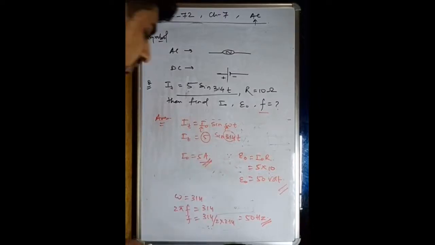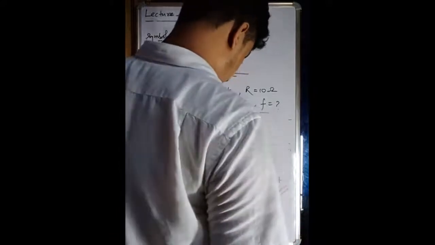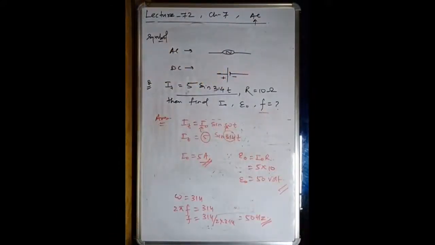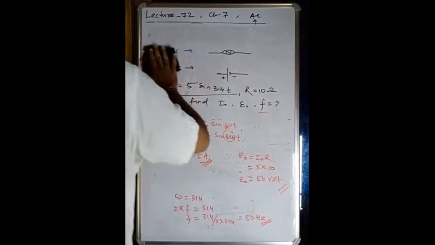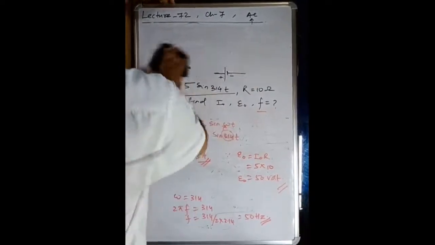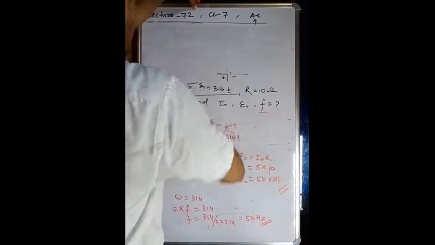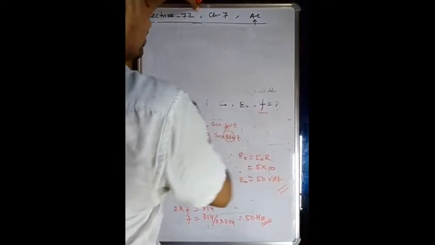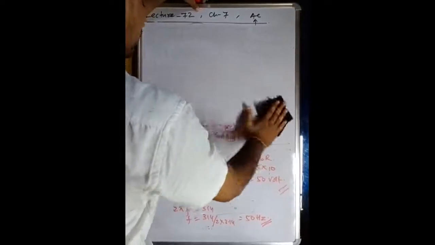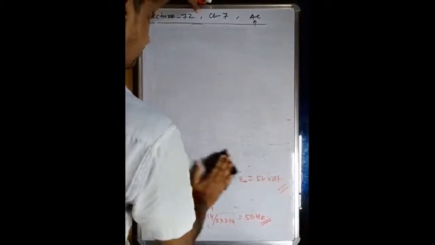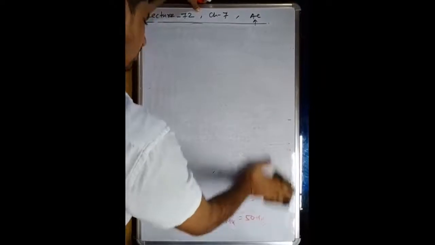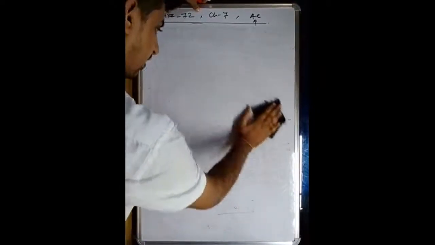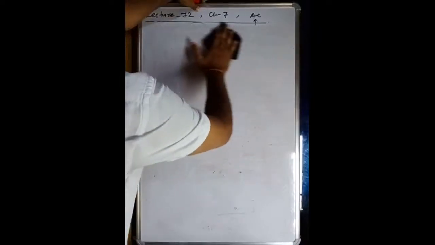Now let me move to the next topic. It is average value of quantities. Here we have studied the current and voltage. That's why we will continue with the average value of alternating current and voltage, that is the AC current and voltage average value.